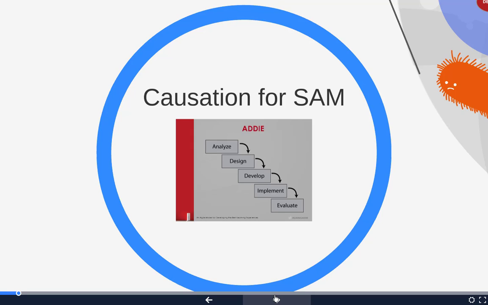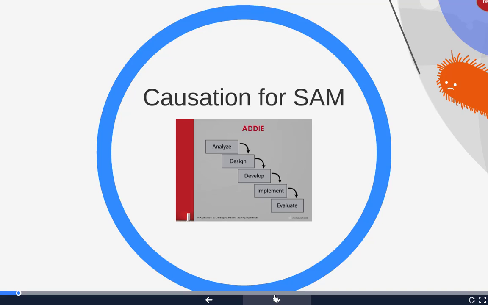This was some causation for SAM, because as e-learning started to blossom into that 21st century atmosphere, Addie just wasn't the design that was beneficial for e-learning.